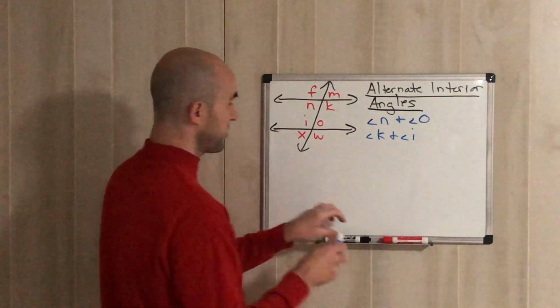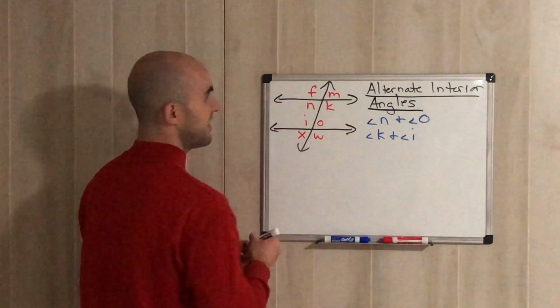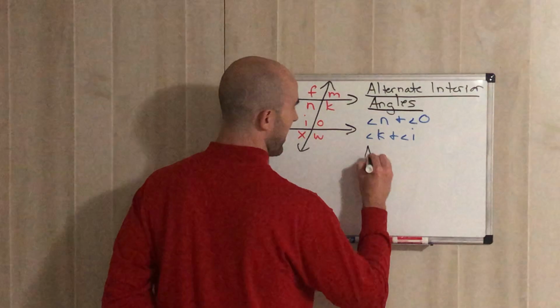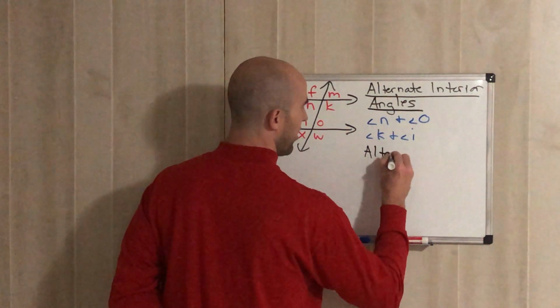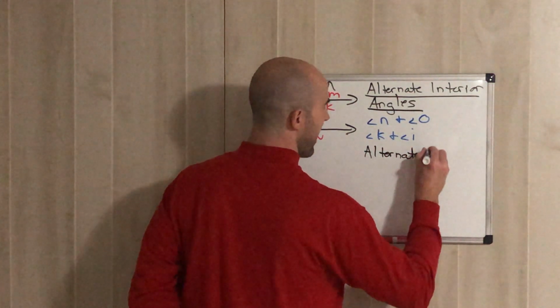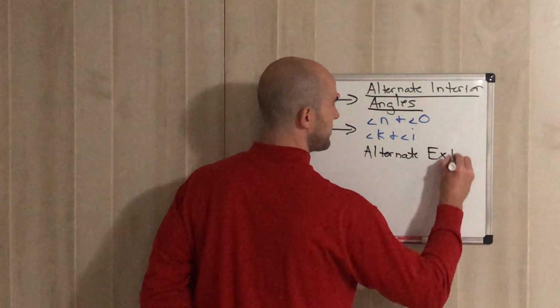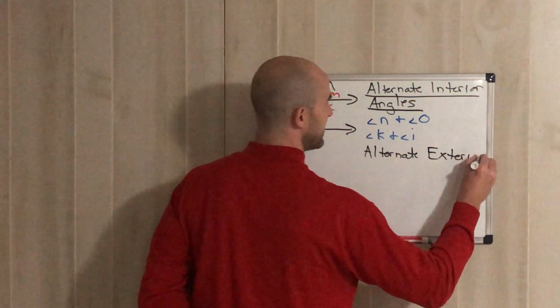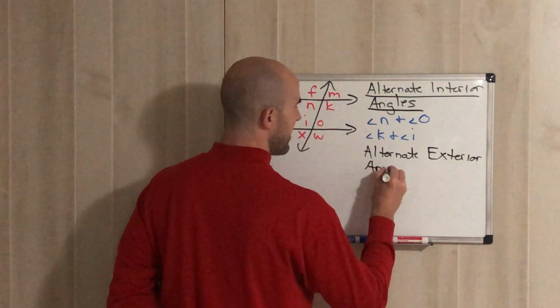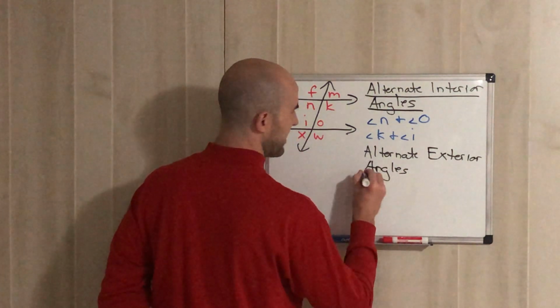If we have alternate interior angles, then we also have alternate exterior angles. Whereas interior is inside, exterior is on the outside.